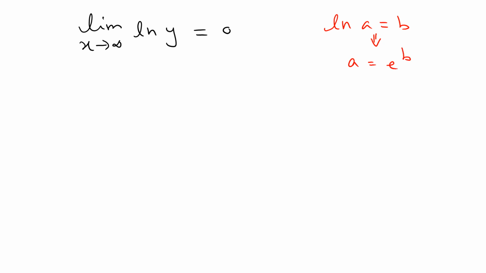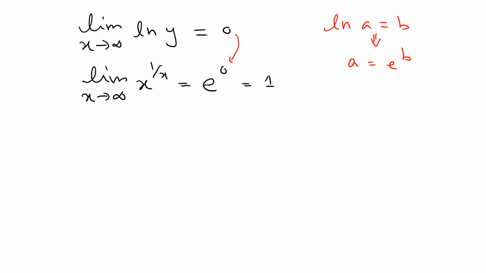It's the same argument here. That means if you bring the limit inside, we can write the limit when x goes to infinity of y, which is x to the 1 over x, equals e to the 0, which is 1. So the answer is 1.